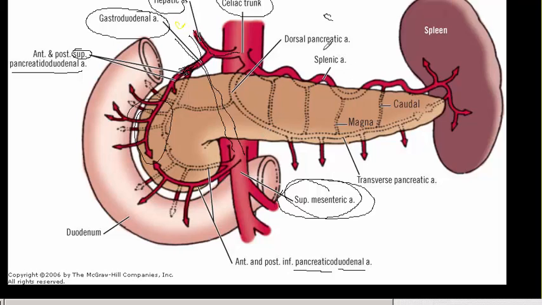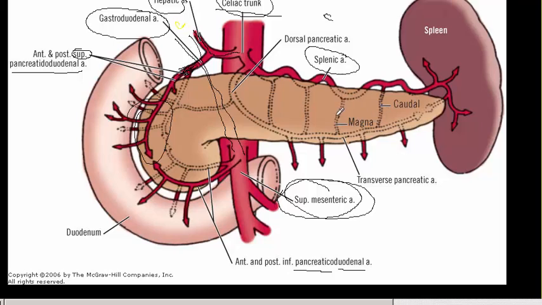Actually, the splenic artery, which is the tortuous, beautiful artery that comes out from the celiac trunk, will give some parallel branches, as you can see here: the caudal branch, the great branch, and the dorsal branch.